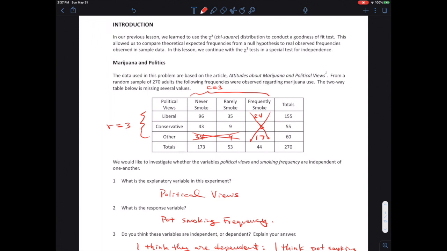And if there are 3 rows, same thing. There's only 2 rows of random values. So you have to take the number of columns and subtract 1, and take the number of rows and subtract 1. So you end up with a 2 by 2 array of random values, and 2 times 2 is 4. That's the number of random values. You take the number of rows minus 1, take the number of columns minus 1, and multiply them.